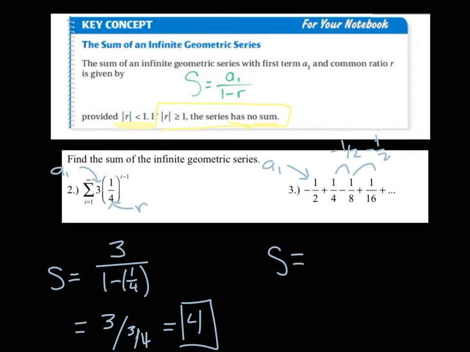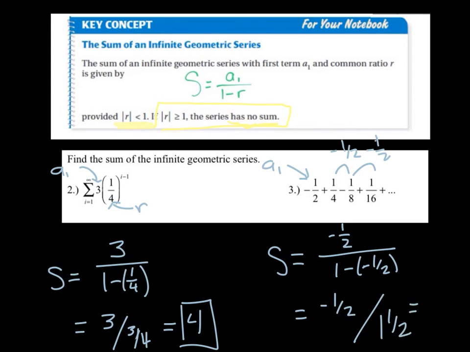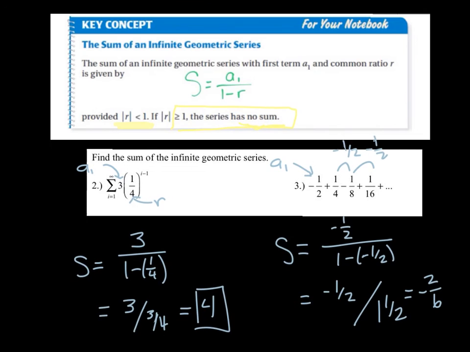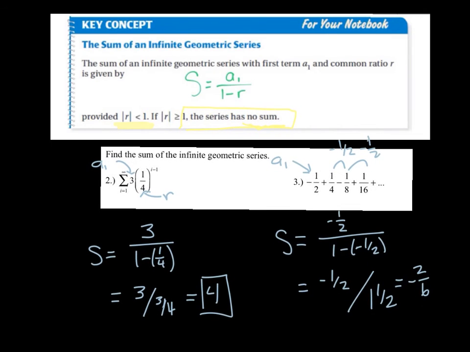So the sum is going to be negative 1/2 divided by 1 minus negative 1/2. So you get negative 1/2 divided by 1.5, which is 3/2, which gives you negative 2/6. Which reduces to negative 1/3.